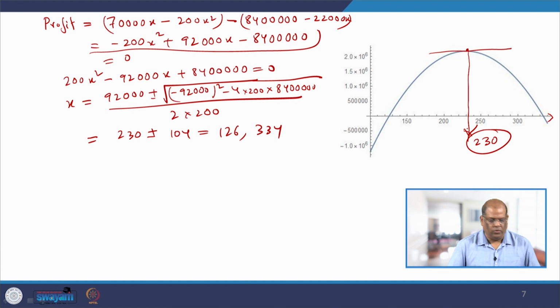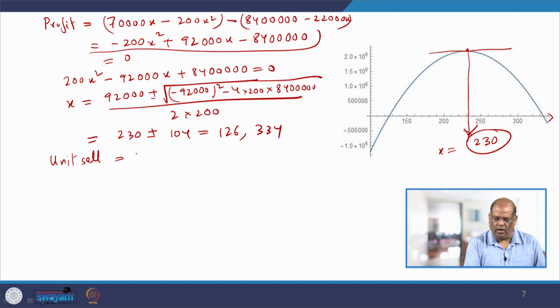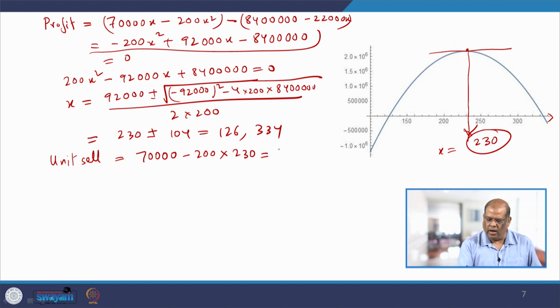So, if you choose your x to be 230, then your unit sale, which is the demand graph, 70,000 minus 200 into x, which is 230 here, that is 24,000.